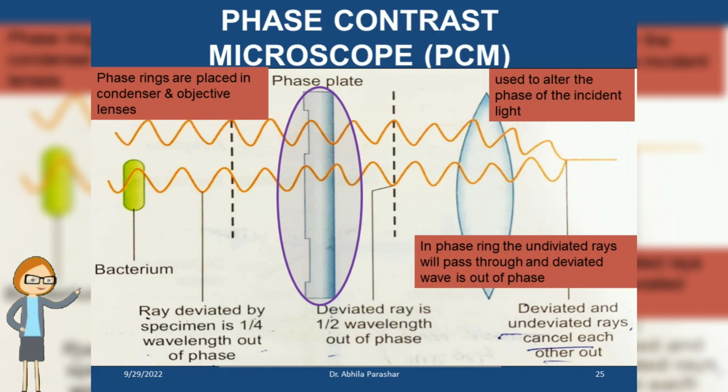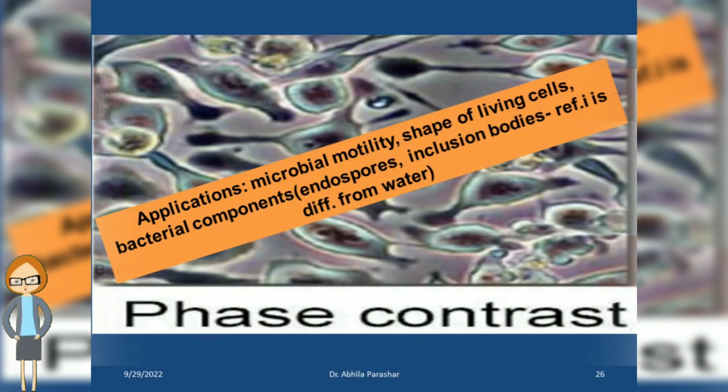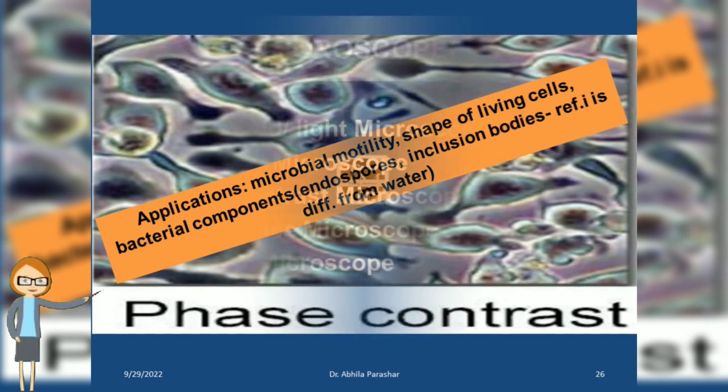So undeviated rays will pass through and the deviated wave is out of phase. On the basis of the difference in refractive index of the cell and the medium, which produces variable light intensity, which can be detectable. It is used for microbial motility, shape of the living cells and other bacteria.